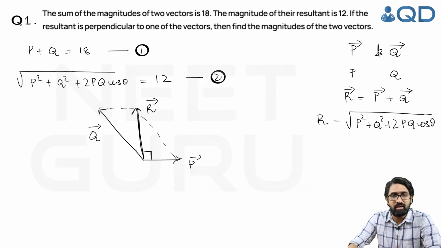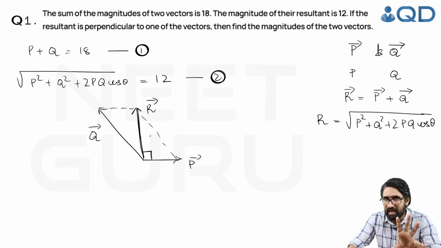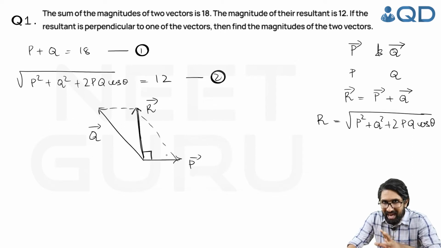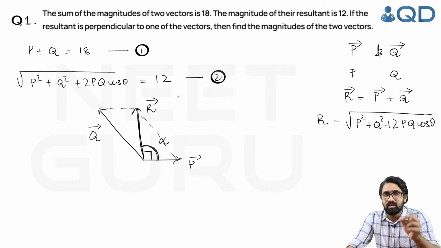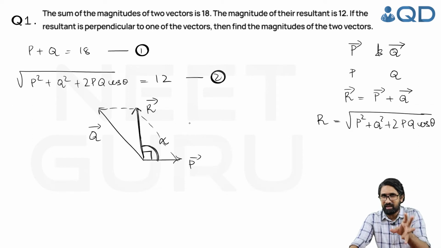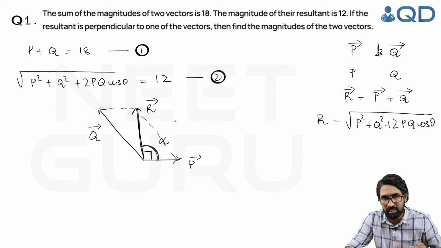The angle between q vector and p vector is theta, and I'll call the angle between the resultant and p vector alpha. Alpha, you know, is 90 degrees according to the question. The question tells us that the resultant is perpendicular to either vector, so I'll choose p vector to be that vector which is perpendicular to the resultant.